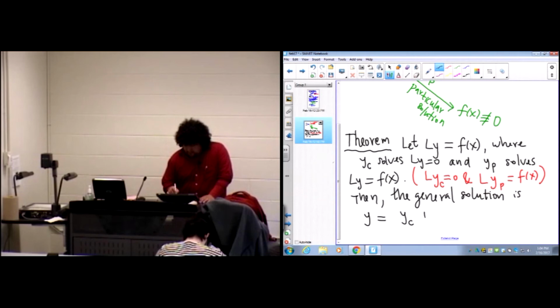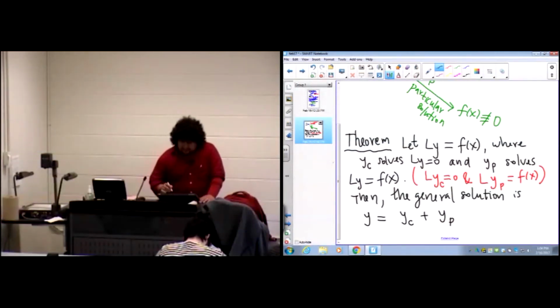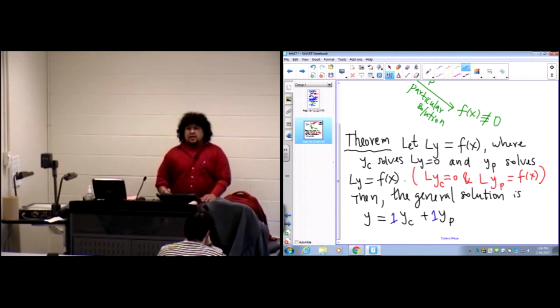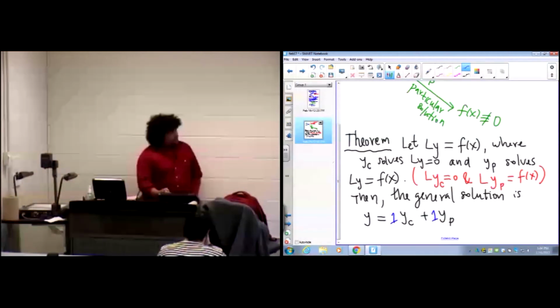In other words, you can think of a coefficient of 1 in front of y sub c and a coefficient of 1 in front of the particular solution.